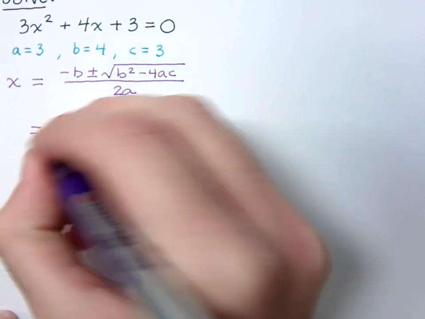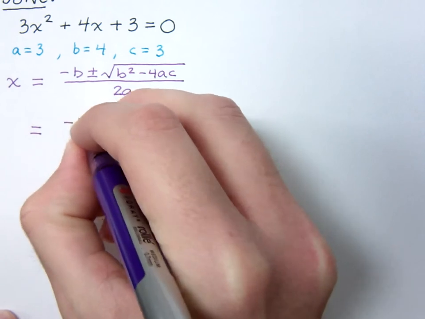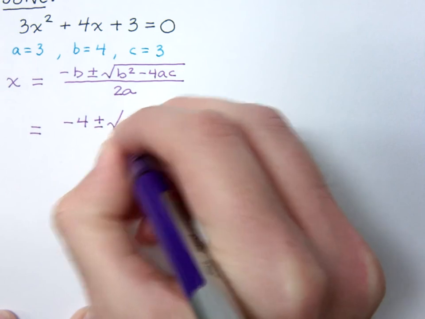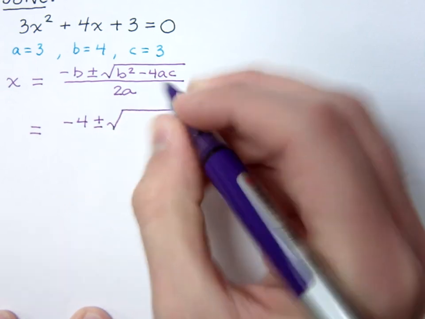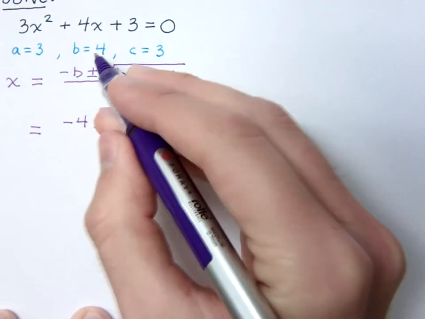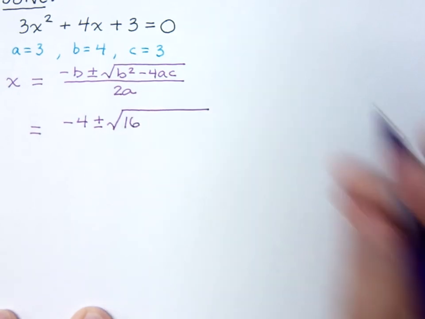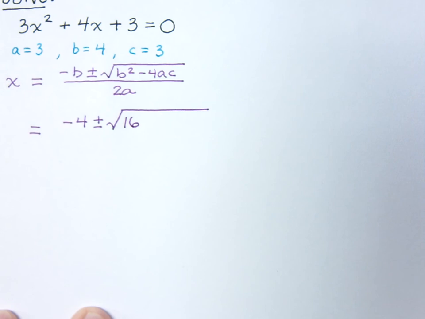So this says -b, which is going to make that -4 plus or minus, now we got the big square root, b squared, well, b was 4, so 4 squared is 16. Now this minus 4ac is a guy that I want to take off to the side, because sometimes it gets kind of messy when I look at it in the formula.